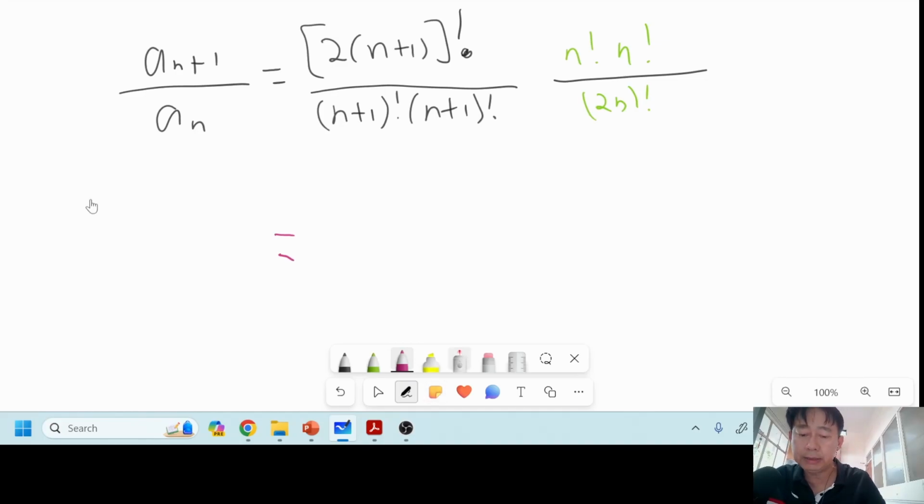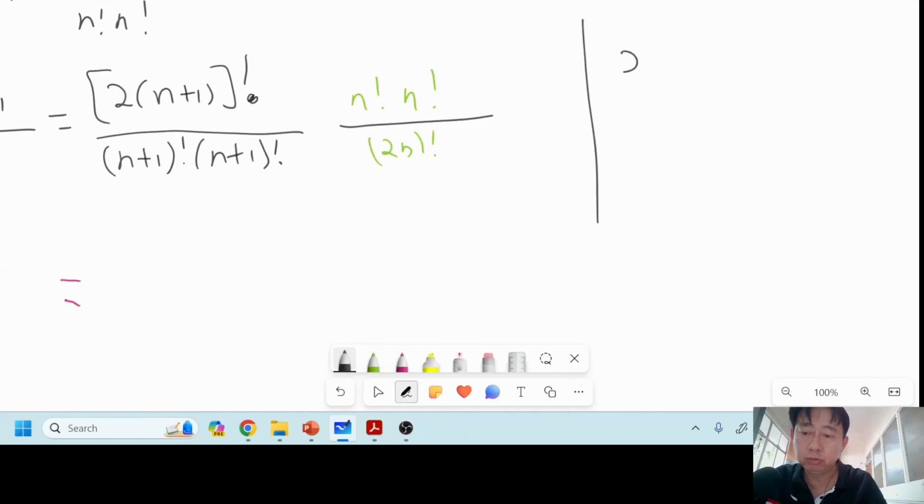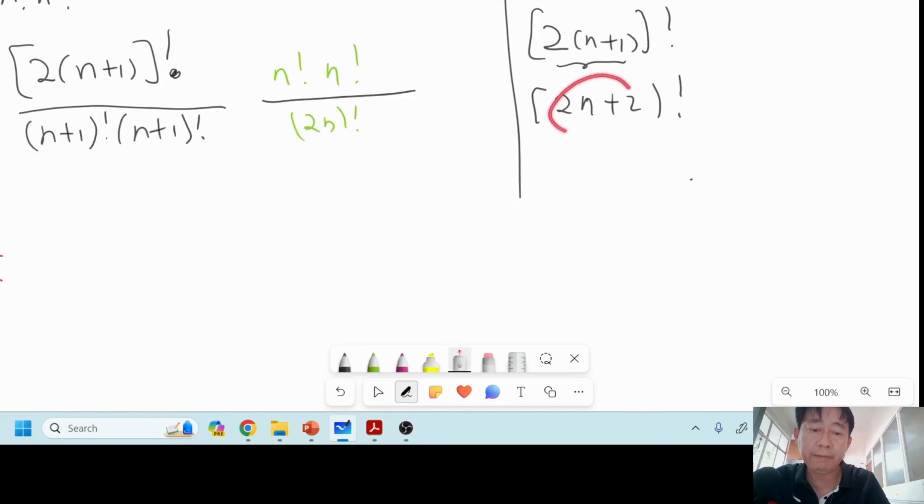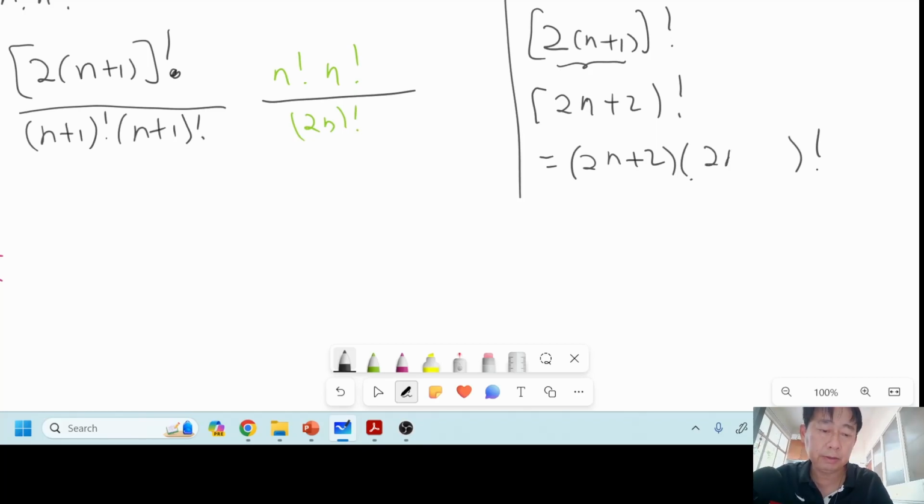So let us look at this particular case. How are you going to simplify this? 2n plus 1, the whole thing factorial. Let us open up the bracket. You get 2n plus 2 factorial, and this is just equal to 2n plus 2 multiplied with the factorial term which is 1 less than 2n plus 2, which is 2n plus 1 factorial.